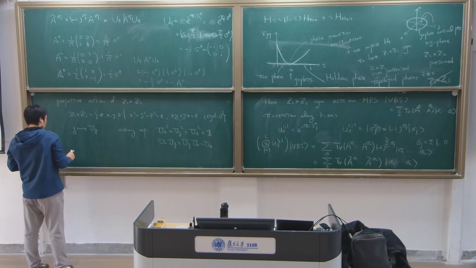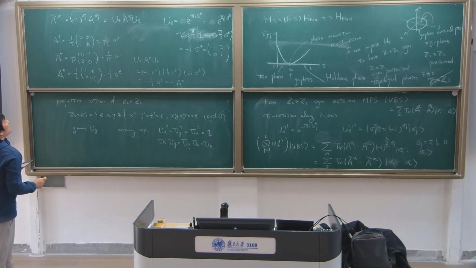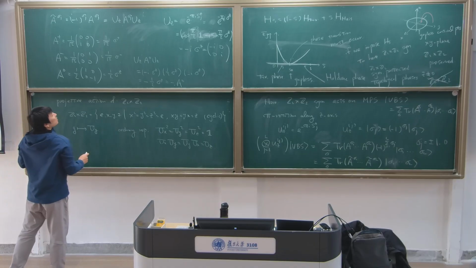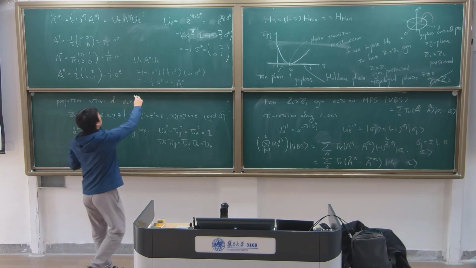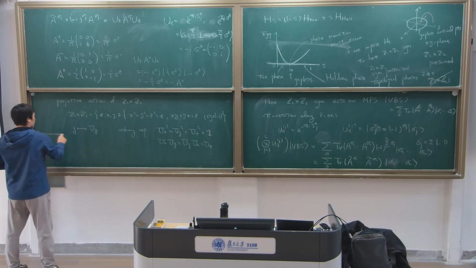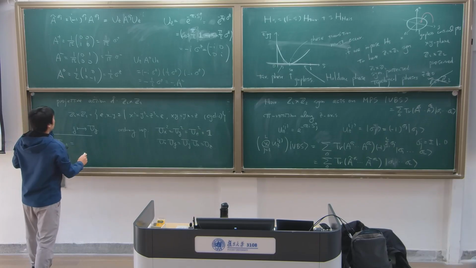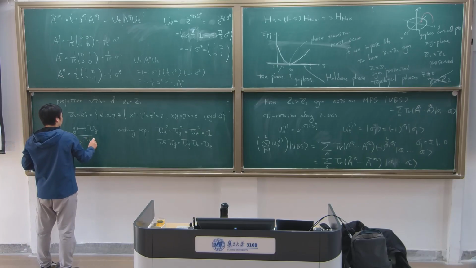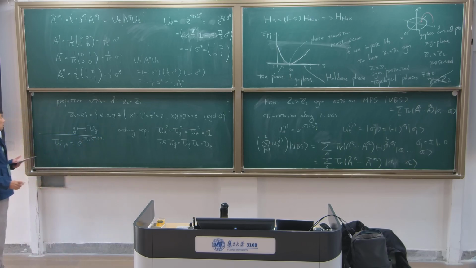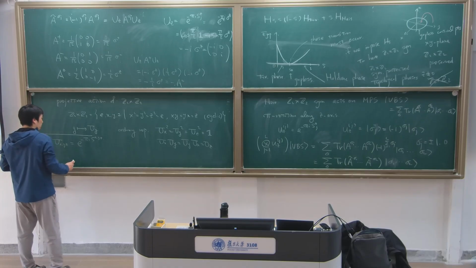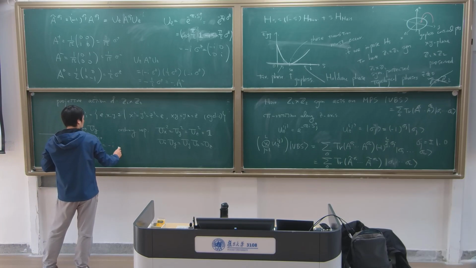In fact, what we saw is that, for instance, if you look at this one in spin one half, U_x is defined by e to the minus pi i sigma x over 2.